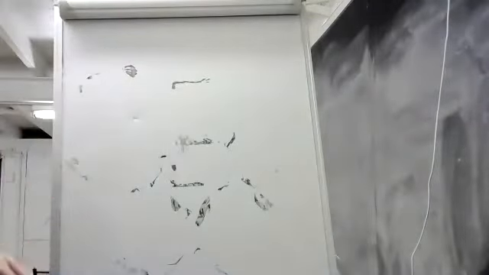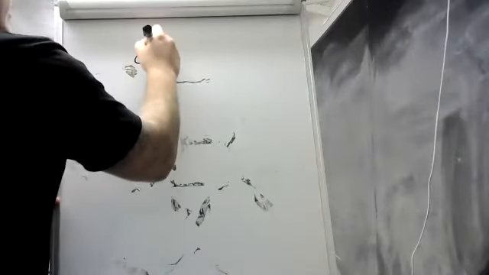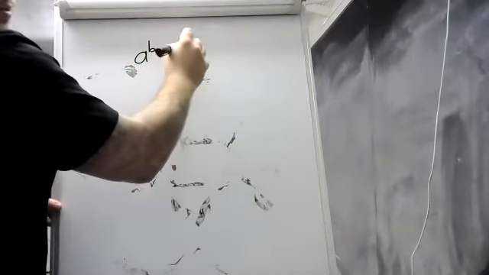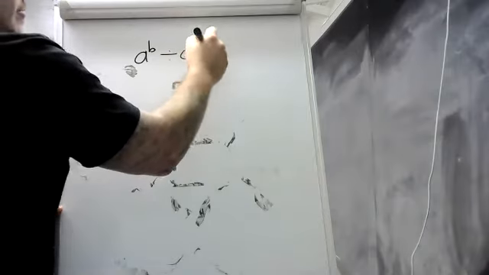We've got the division law. So if we had a to the power of b divided by a to the power of c, what would we have then? a to the power of b minus c. Perfect.